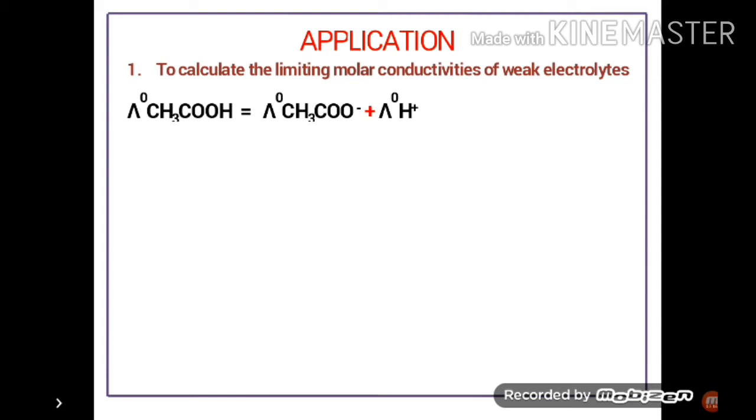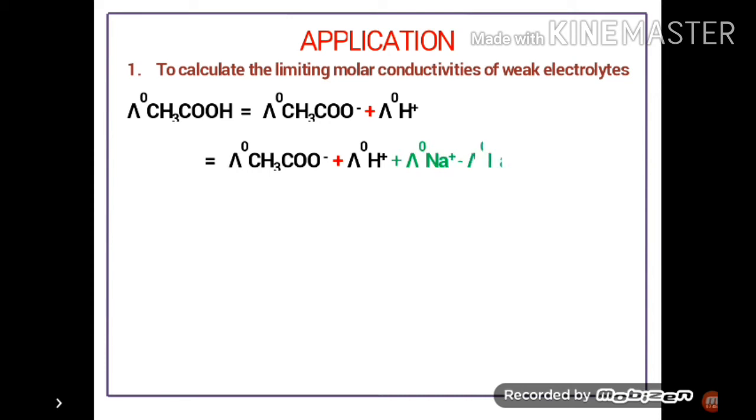By using the limiting molar conductivities of these 3 strong electrolytes, we can calculate the limiting molar conductivity for the weak electrolyte. How? Here is a simple concept of maths: if you add the same value in an equation and subtract the same value, then there will be no effect.